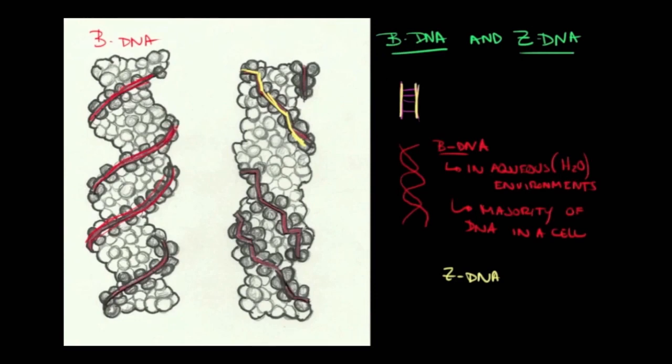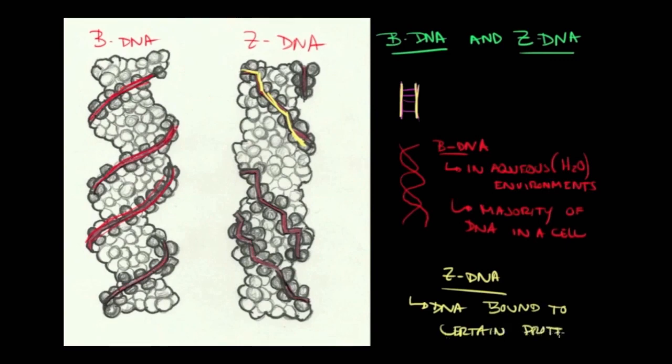This is my Z DNA. And this form of the molecule is actually found in DNA bound to certain proteins. And we're going to see that later in other tutorials, certain proteins here, okay?